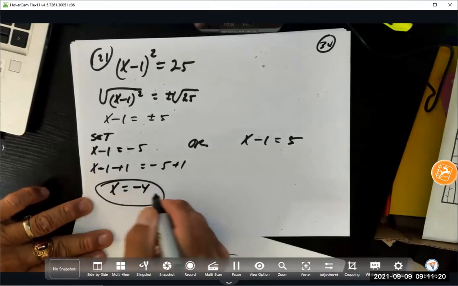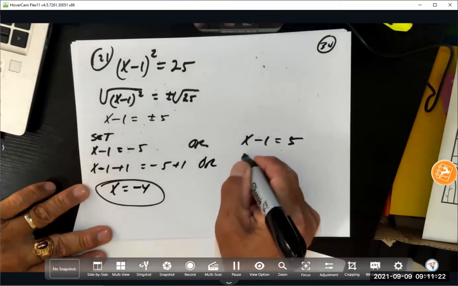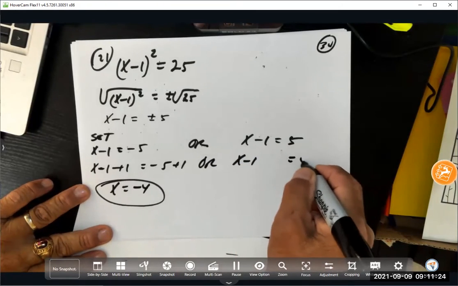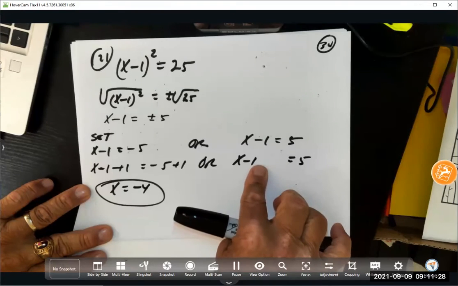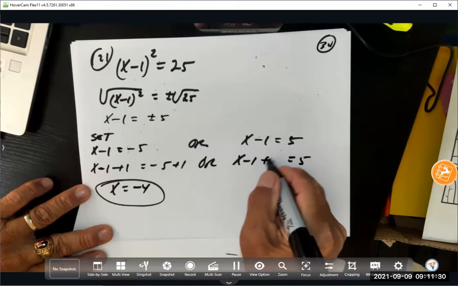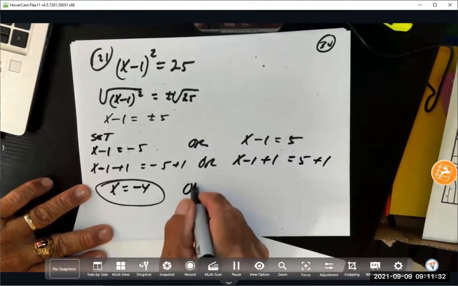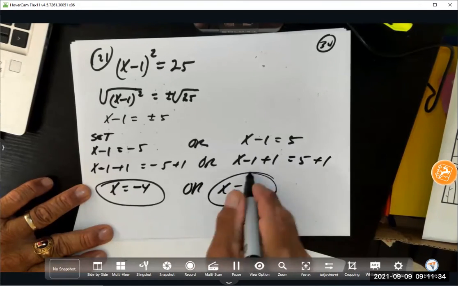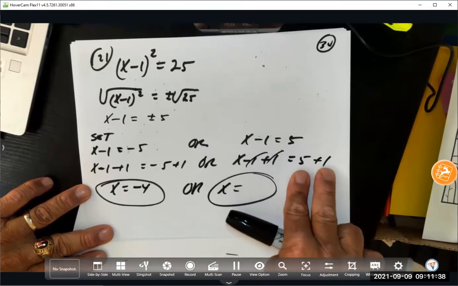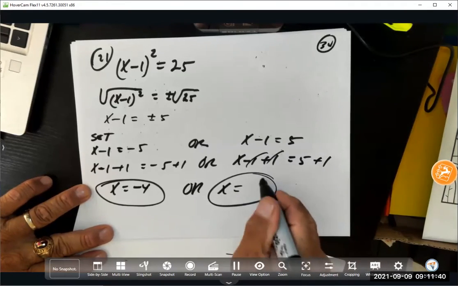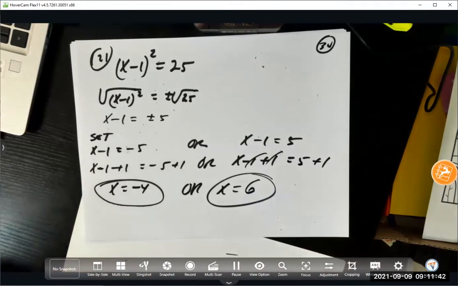Yep, -4. All right, success. And for x minus 1 equals 5, what do you do? Add 1 to both sides? So the second answer, what's the second answer going to be? 6. 6.